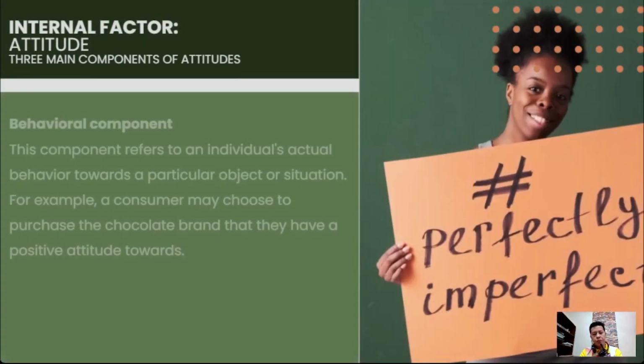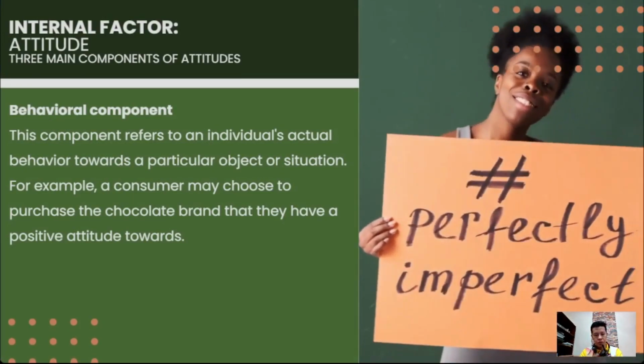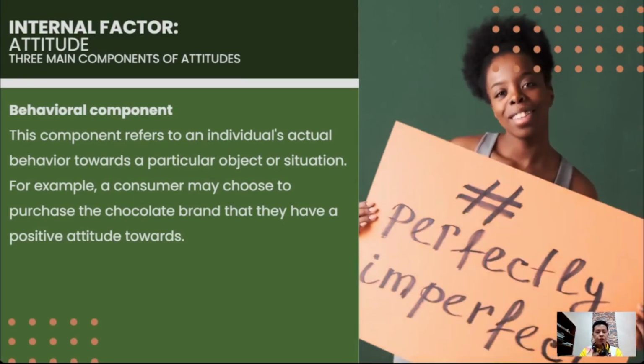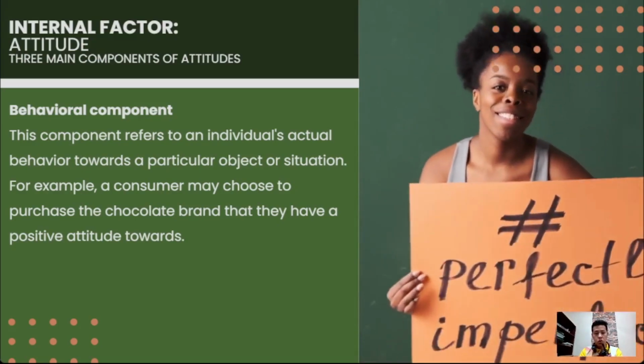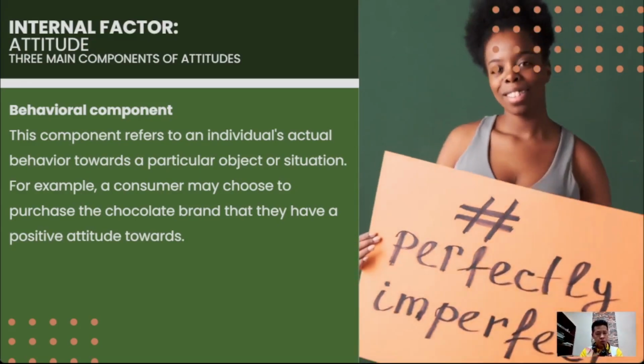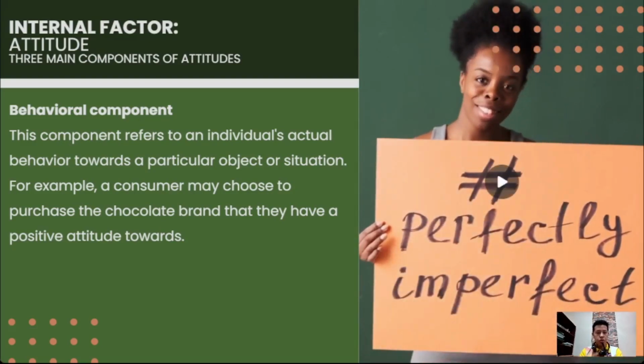Another one is the behavioral component. This component refers to the individual's actual behavior towards a particular product or object or situation. For example, a customer or a consumer may choose to purchase the chocolate brand that they have a positive attitude towards.